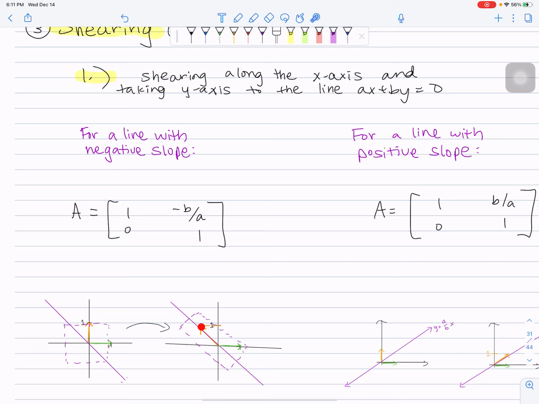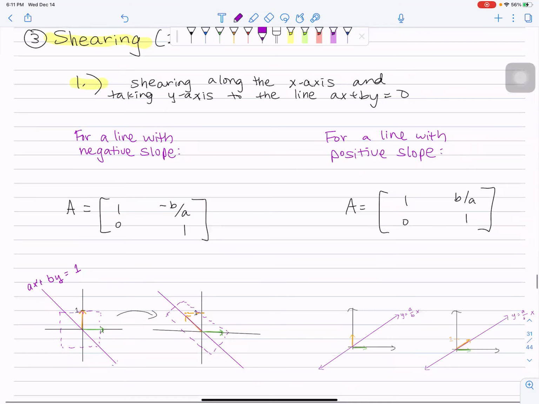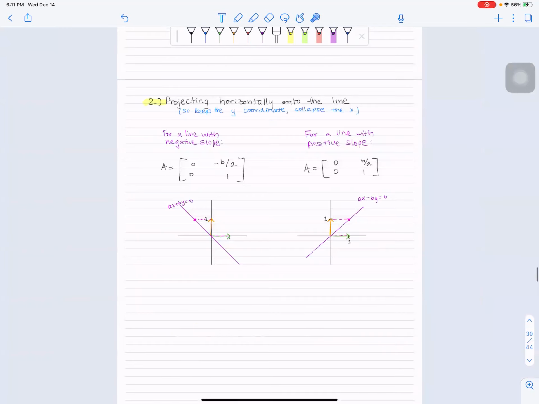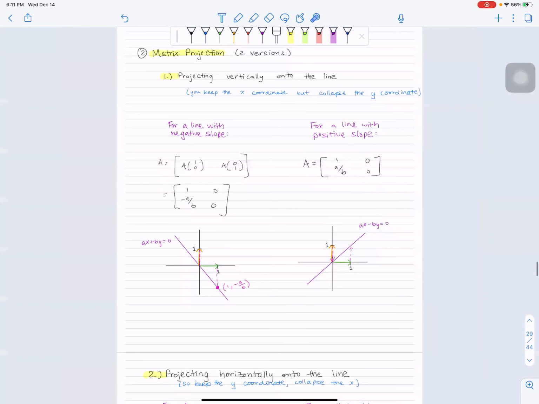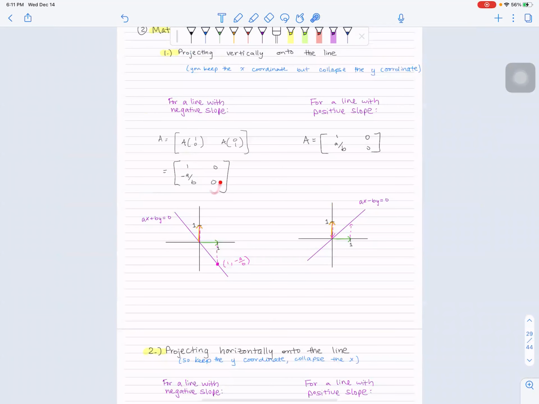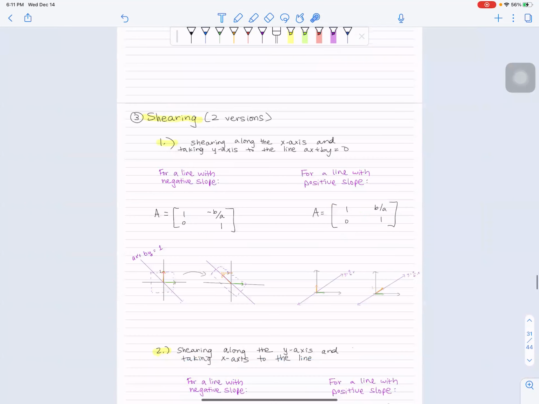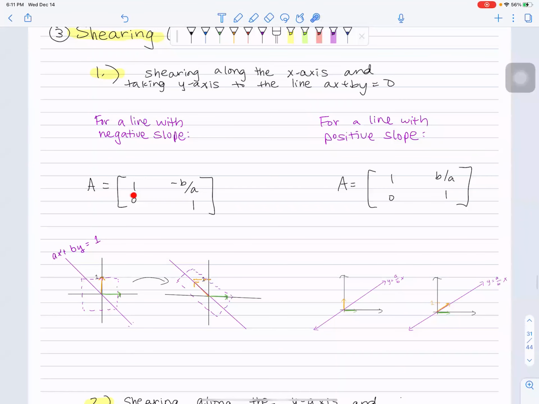And the way I find the x value is I plug y equals 1 into my equation and solve for x. So for projecting, you're always changing both columns. Whereas for shearing, you keep one column the same, change the other one. So that's the difference between shearing and projecting.